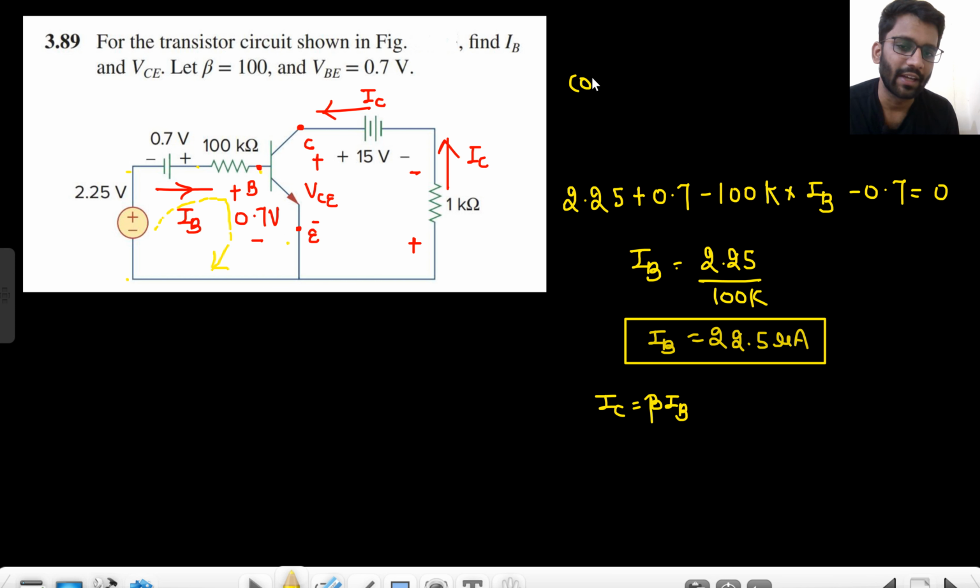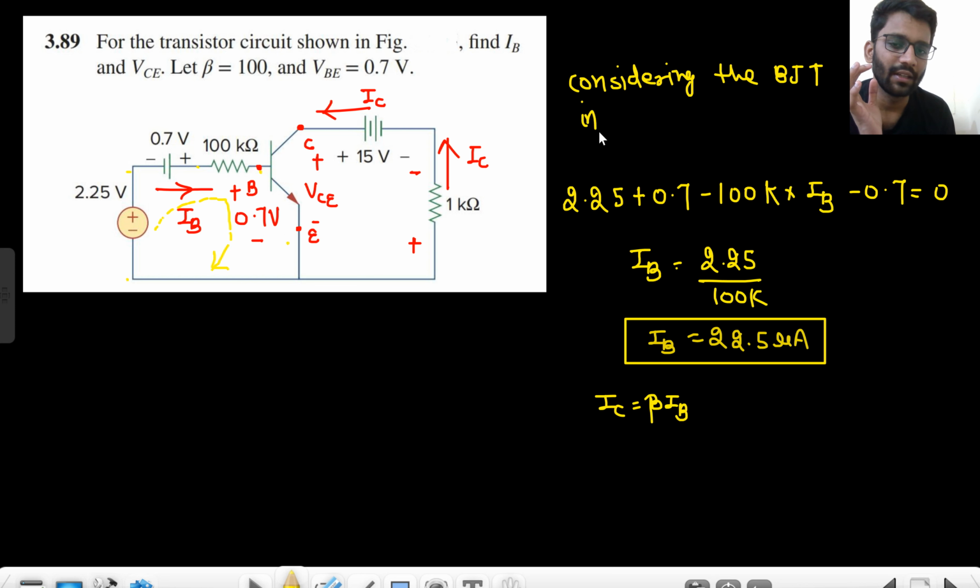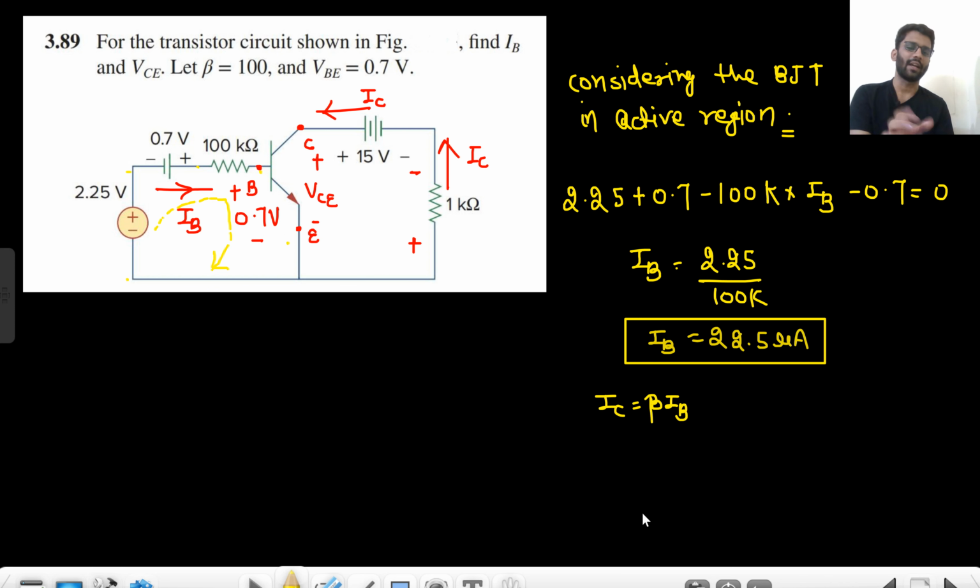One more thing we have to consider here: we call this a bipolar junction transistor, BJT. Everything we will learn in analog electronics. Considering the BJT in active region, IC is equal to beta IB, that means 100 into 22.5 microampere.